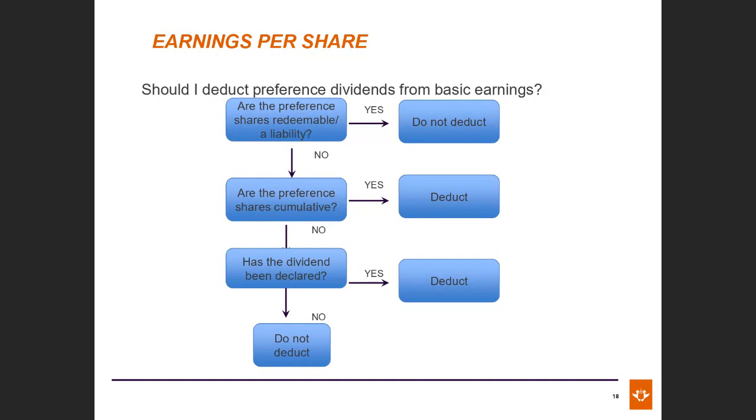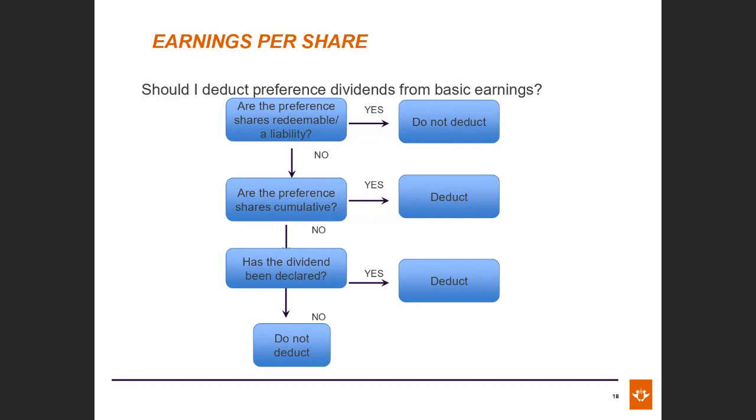Are the preference shares redeemable and a liability? If the preference shares are redeemable and a liability, then what do we need to do? Are we going to deduct preference dividends on shares classified as a liability from our profit?